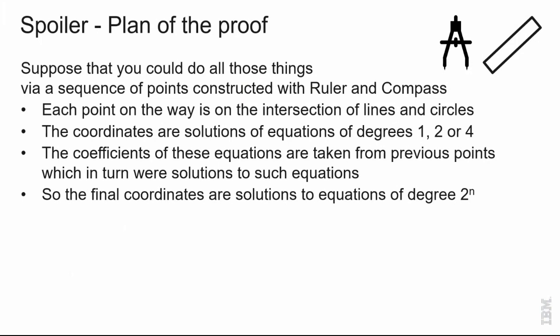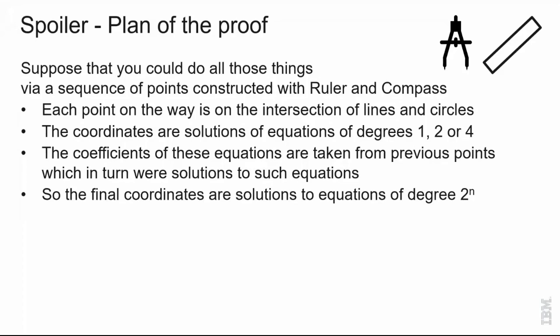And the coefficients of these equations depend on points that you constructed before. You constructed some points before using these intersections, solved some equations of degrees 1, 2, and 4, and now you use those historic points to create new points, which again require solving new equations of degrees 1, 2, and 4.